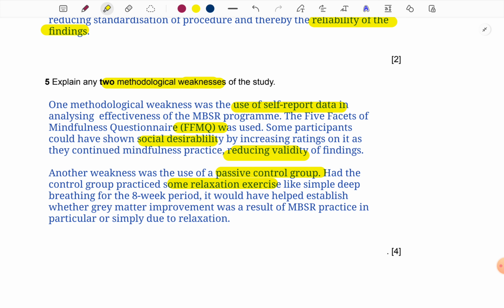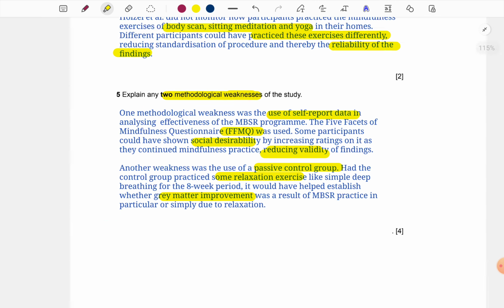And then because of that, because of expectations and feeling that one is better because of a positive outlook which is developing, is that a reason for some gray matter change in certain areas of the brain, especially areas which are related to emotion or empathy, because the person is just feeling good? Could that be a reason for increase in gray matter? That is something they could have looked into had the control group been active rather than passive.